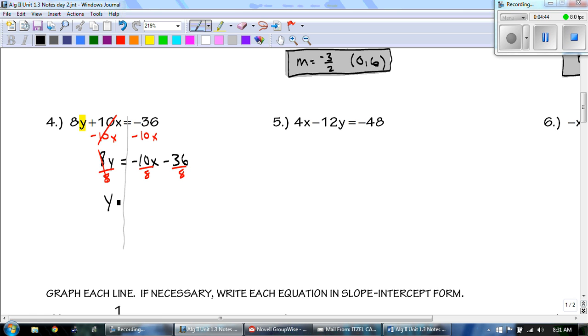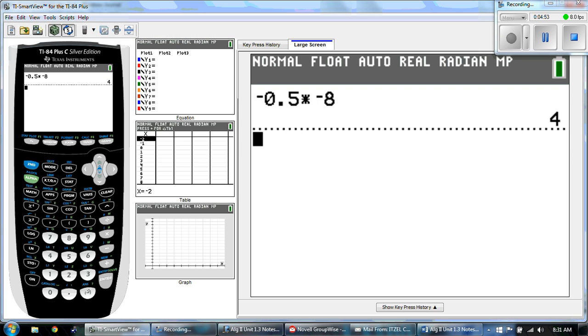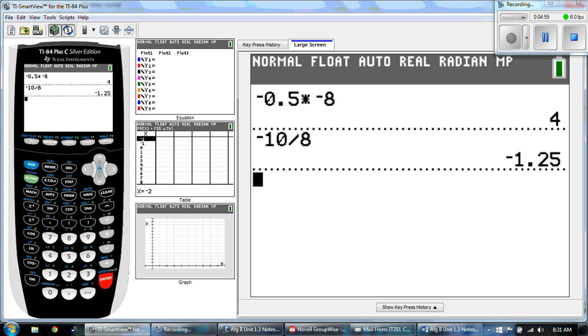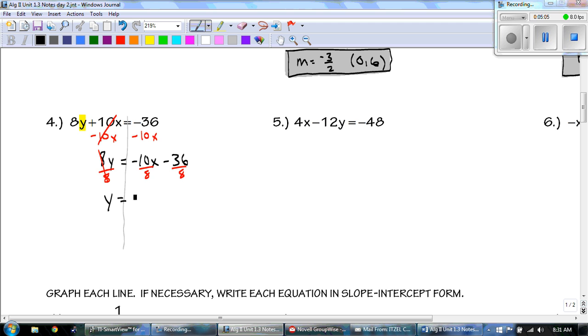Everything is not going to be pretty, guys, okay? So if you're like, oh, -10/8, I don't know what it is. Well, guess what? -10 divided by 8, I don't want the decimal, I want the fraction. So I hit math, enter, enter, and I get negative 5 over 4.